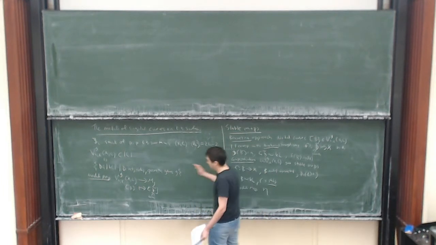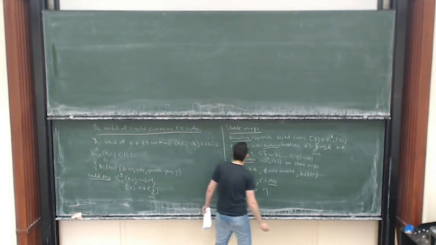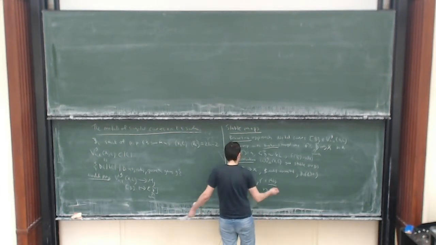So the point is, we can't compactify this to |L|, but we can now have a compactification. And then you see this map is a very stupid map.